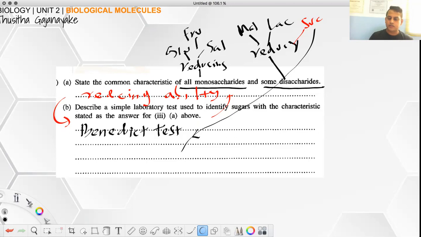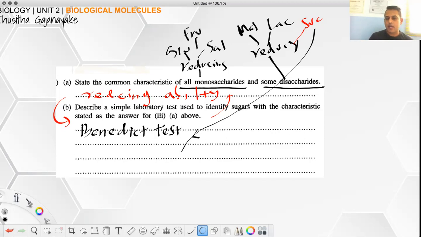I think yes, does it? Yes, you added the test and all these things. That's correct, right? Okay, so monosaccharides and disaccharides are soluble, and almost all sugars are reducing except sucrose.